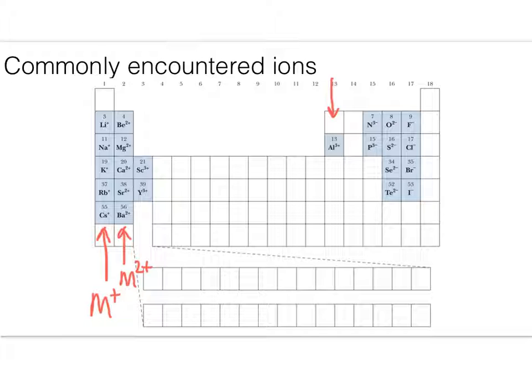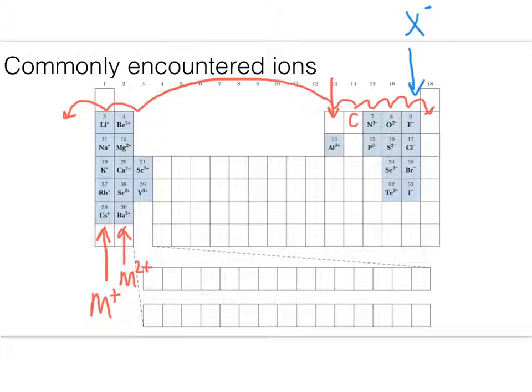And at this point, you're kind of halfway. If you look right here, this is where carbon is, and carbon can either jump 1, 2, 3, 4 times, or it can jump 1, 2, 3, 4 times to go the other direction. So it's halfway, and as such, it doesn't really predictably form either one. However, when you go to the other side of carbon, we have the halogens, which are going to take on 1 extra electron to be happy.